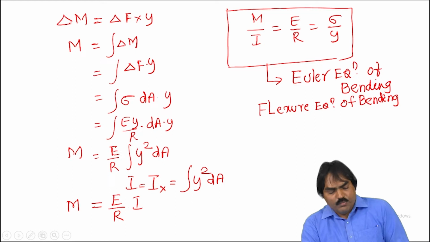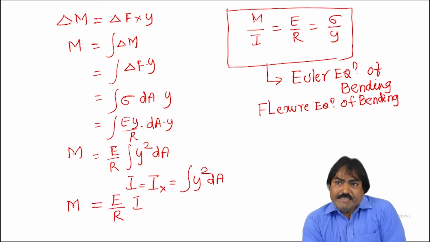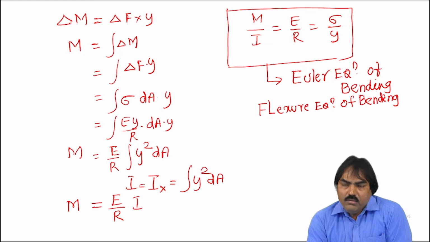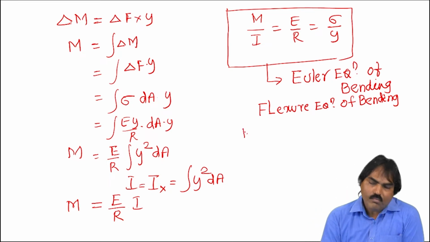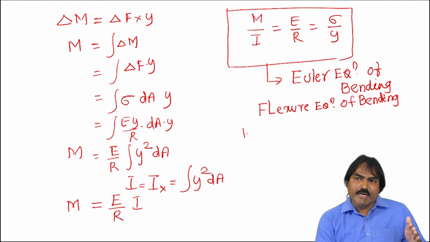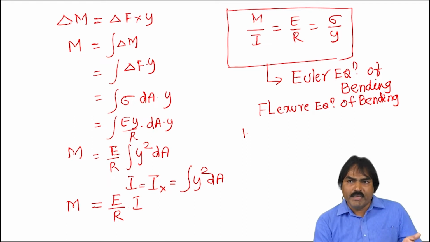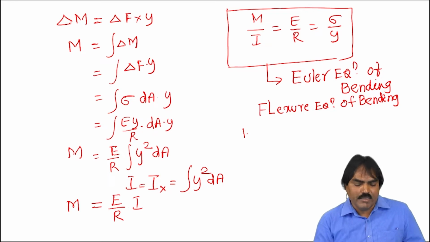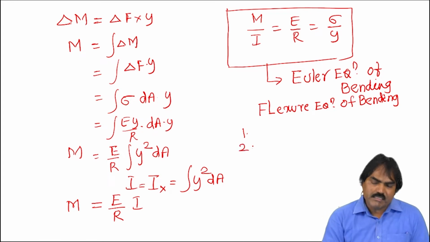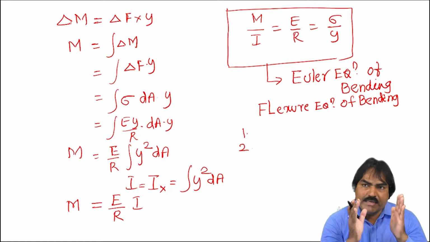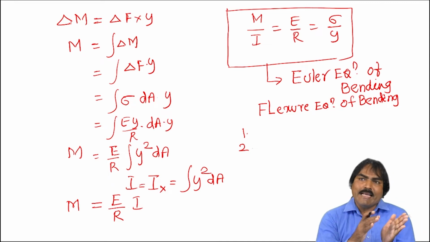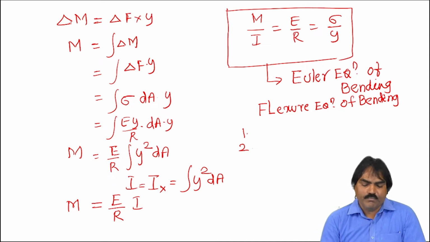Right? So, Euler derived this equation based upon three important assumptions. One is the top layers will be under tension and the bottom layers will be under compression, or vice versa. That depends on the direction of the load. The second assumption he made is the cross sections of the beam remain straight before and after loading, but they undergo rotation about an imaginary axis called the neutral axis.